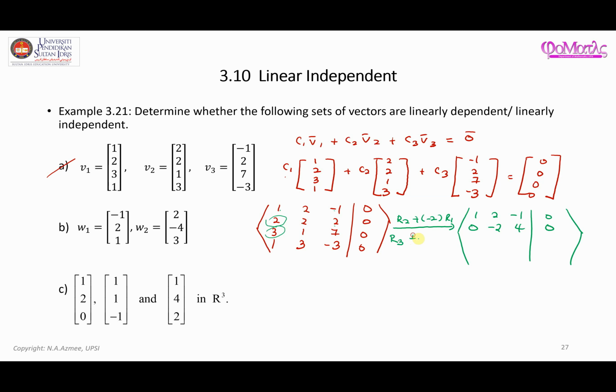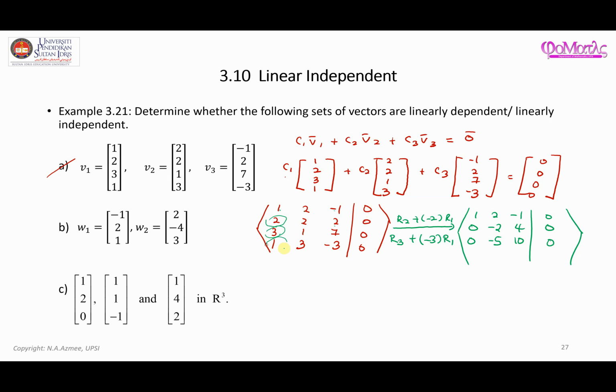So 3 plus negative 3 times 1 is 0, 1 minus 6 is negative 5, 7 plus 3 is 10, and 0 plus negative 3 times 0 is 0. So this part is a bit easy.